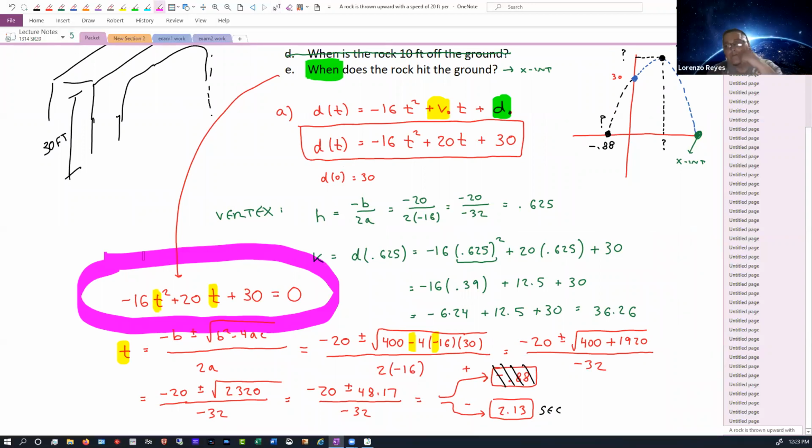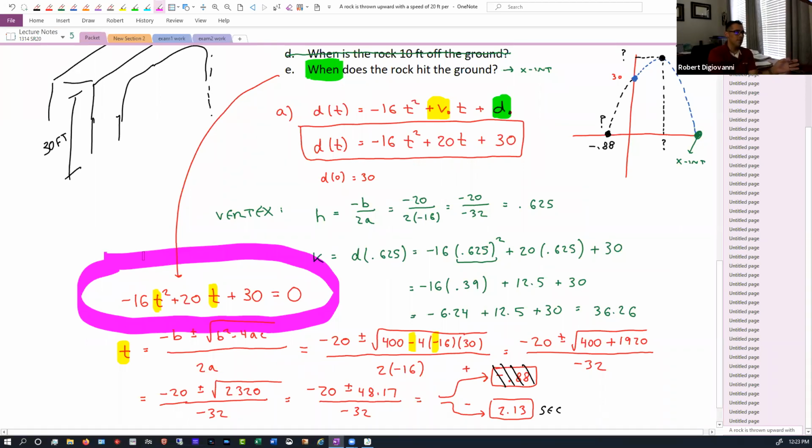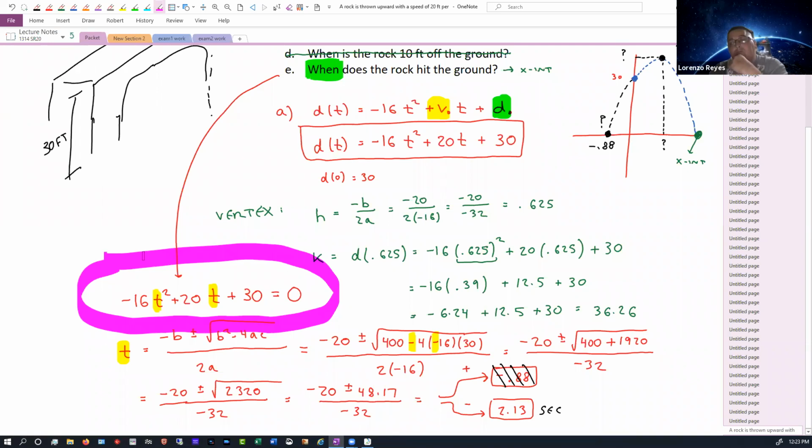And most of the time on word problems like this, your answers are going to be ugly decimals because the real world does not care about giving you pretty numbers. And most real world problems are going to be something that you can't factor. I would have to really pay attention to how I'm making the problem if I wanted it to factor for you.